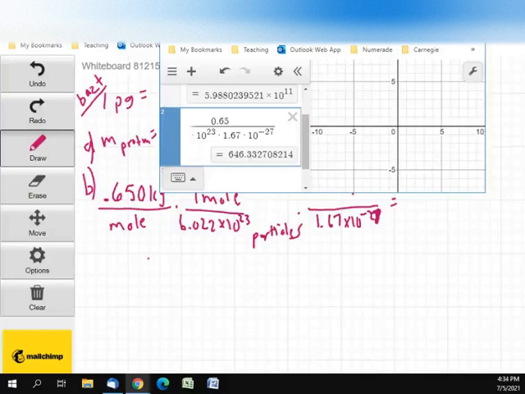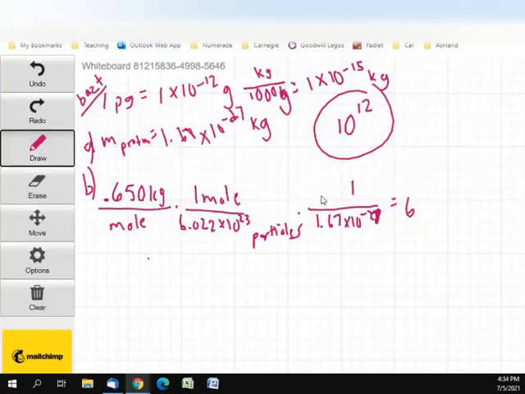That gives me 646, which definitely does not make sense. So I need to figure out what I did wrong.